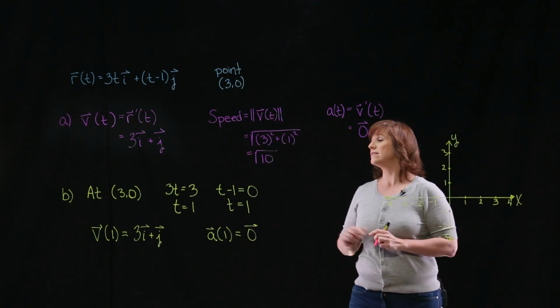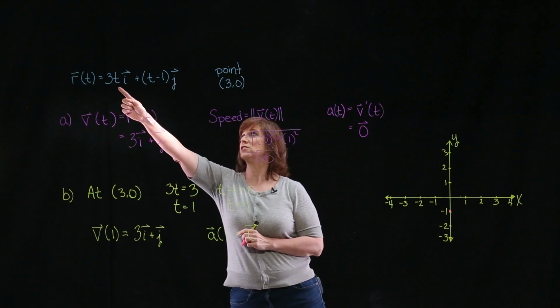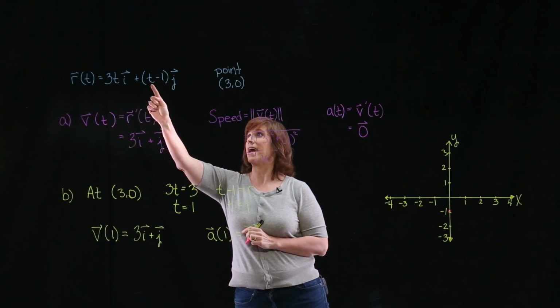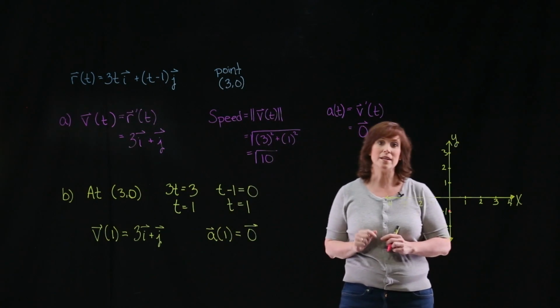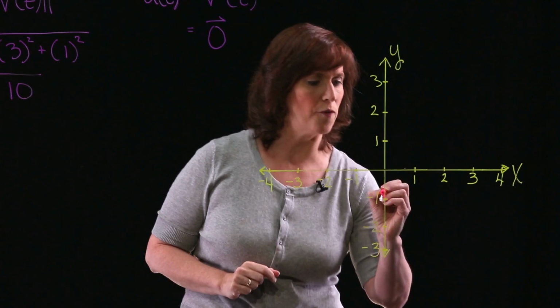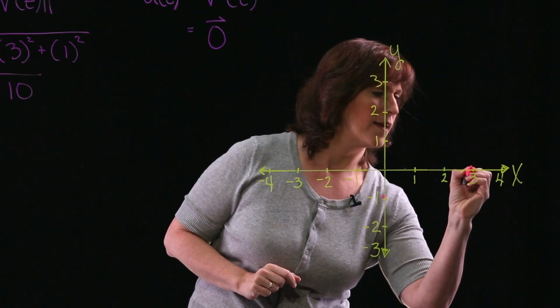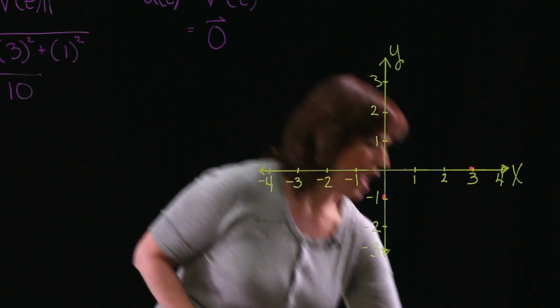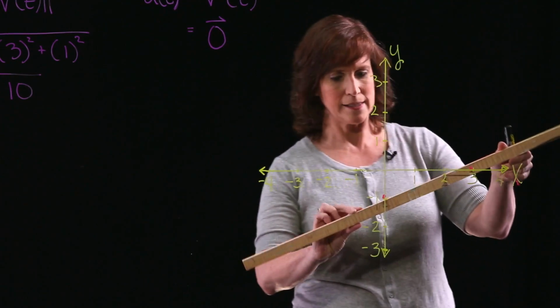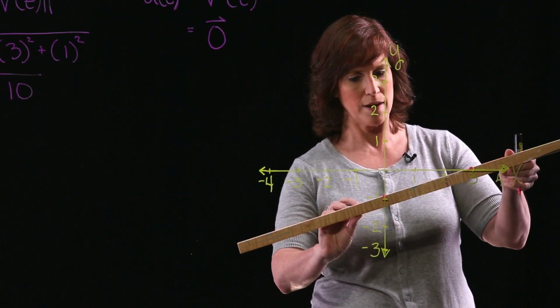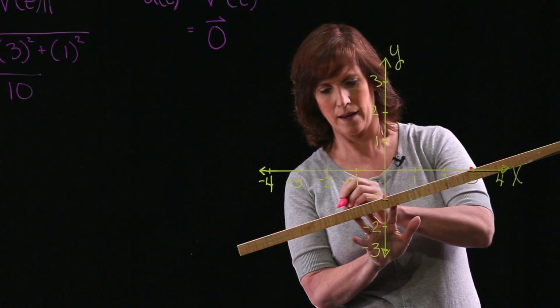And I also notice, because my position function is a 3t i and a t j, that it's going to have a slope of 1/3. So I'll move up 1 and to the right 3. That puts me on that point. And I can connect those dots to create my line.